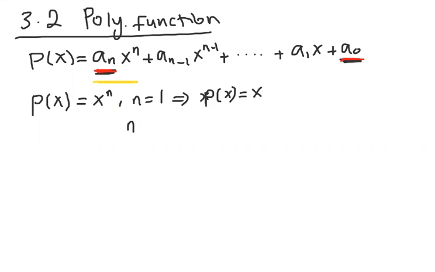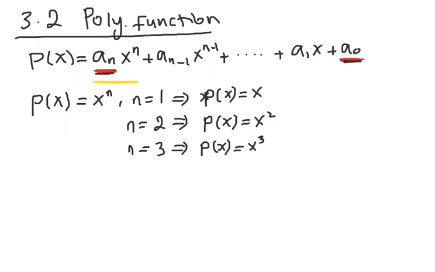When n equals 2, p of x equals x squared, it's a parabola. And when n equals 3, p of x equals x to the power 3, it looks like that. This is a parabola here, this looks like a line.